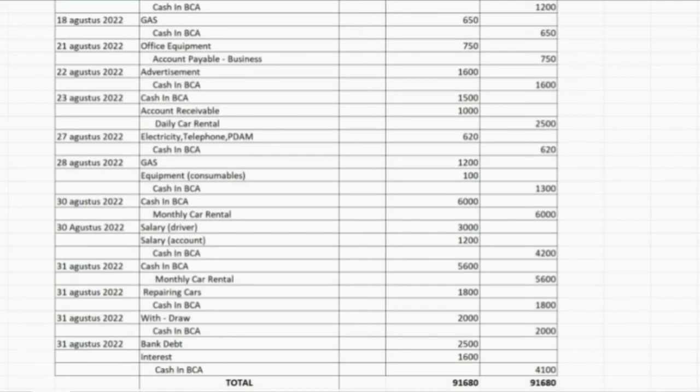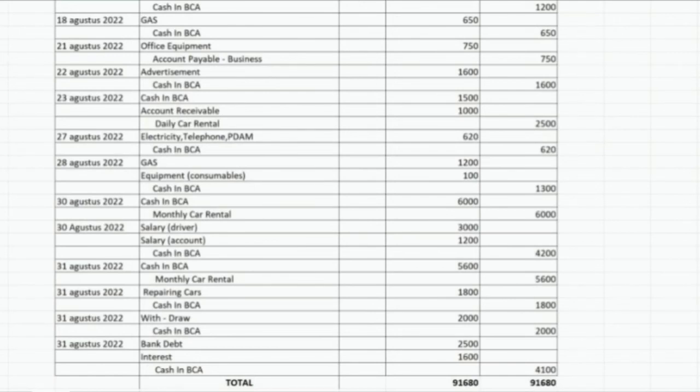Number 23 is added cash in BCA next to debit of 5,600 and monthly car rental next to credit of 5,600. Number 24, repairing cars increase on the debit side by 1,800 and the cash decreases on the credit side by 1,800.